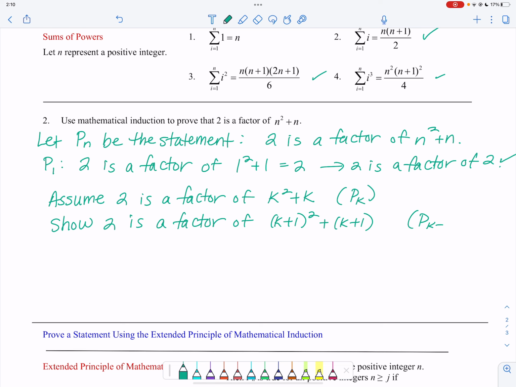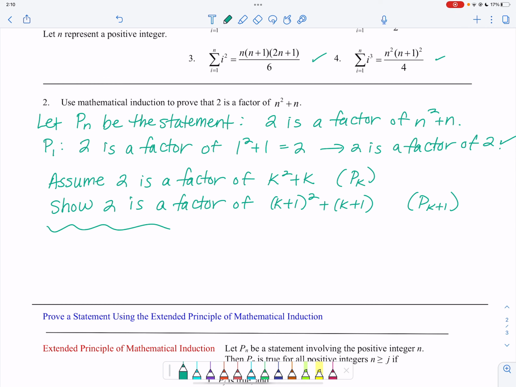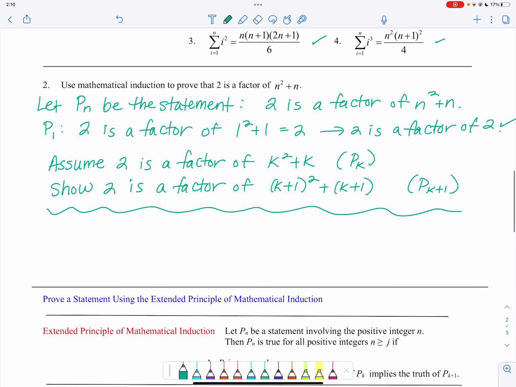And this is our P sub k plus 1. So how are we going to do this? We're going to state that k plus 1 squared plus k plus 1 is equal to, and now we're going to FOIL this, k squared plus 2k plus 1, and then now we have our k plus 1.